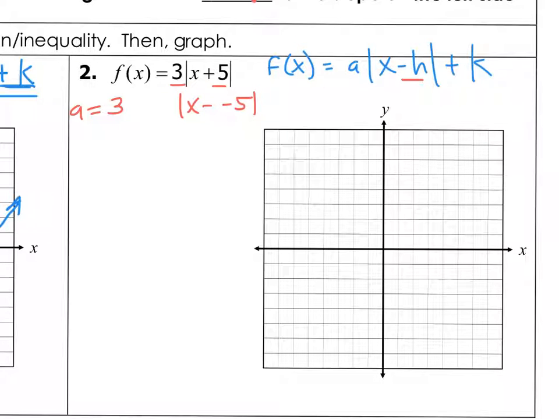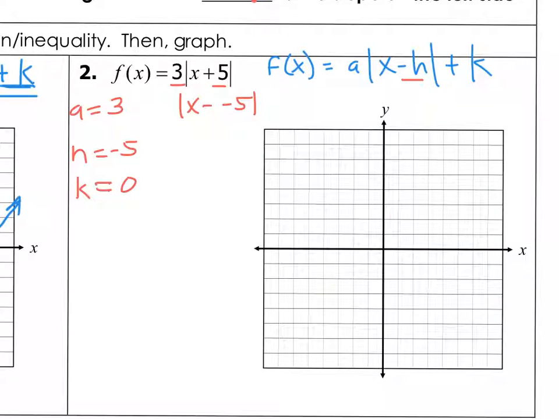Because minus and minus together gives us a plus. So in this case, our H is going to be negative 5. And we don't have a K, so that means K equals 0. Okay, so there's no change in the output there except for the vertical stretch. There is a change on the input. We did x plus 5, so that means we're going to go to the left by 5.